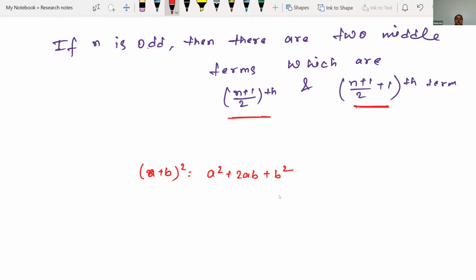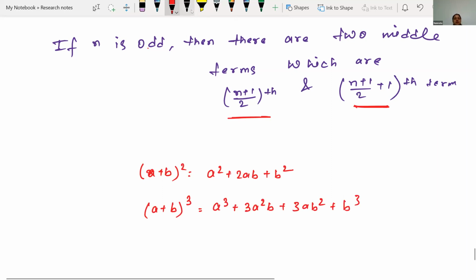Yes, ma'am. Similarly, if we are having a plus b whole cube, then the expansion will be a cube plus 3a square b plus 3ab square plus b cube, right? Yes, ma'am. So what are we noticing over here?